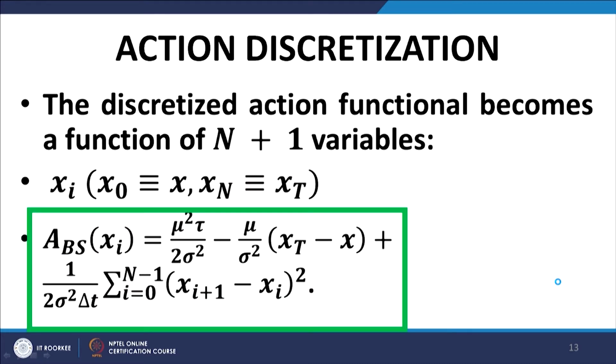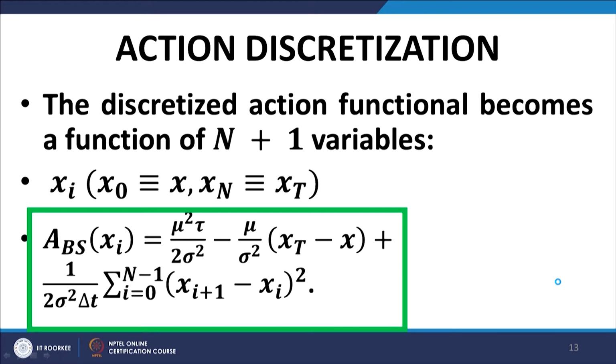And now we talk about the discretization of the action variable or action functional. The action functional is now a function of n plus 1 variables, starting from x0 to xn, which is x at capital T. x0 is the logarithm of the current stock price, and x_T is the logarithm of the stock price at the maturity date of the option.